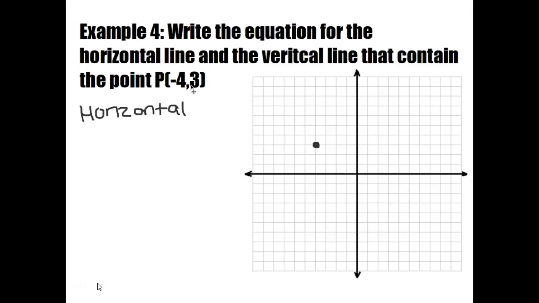A horizontal line goes what direction? Dominique? Not diagonal. Zoe? Left to right. So draw in the horizontal line. Because the rise of a horizontal line is 0. What's the y-intercept of that graph?